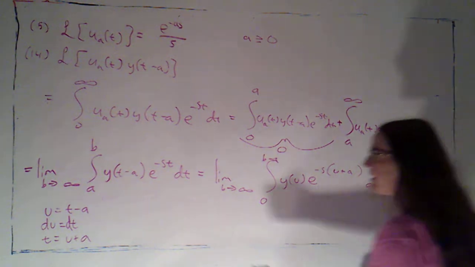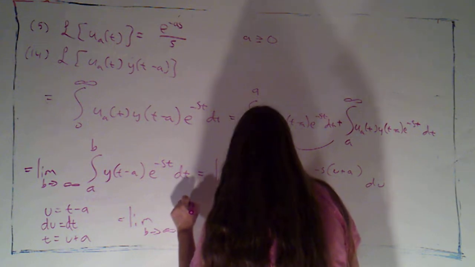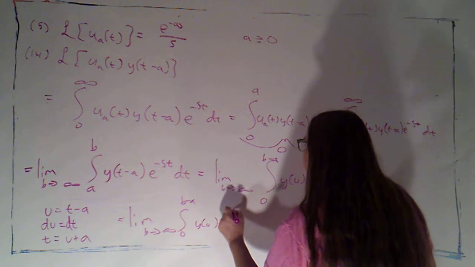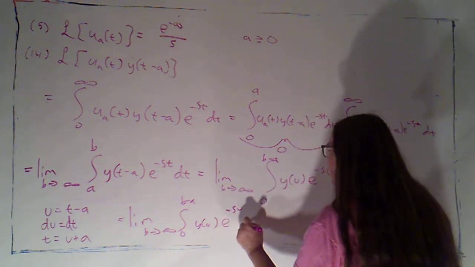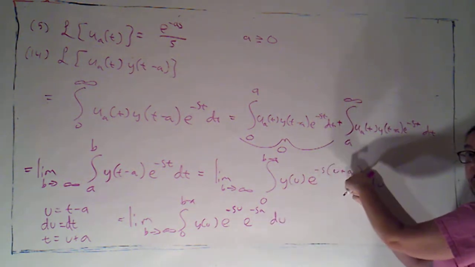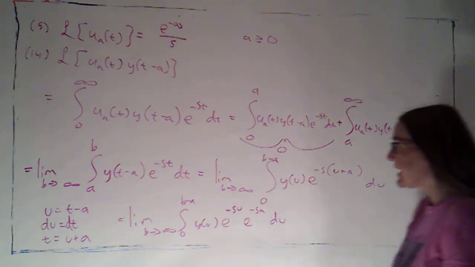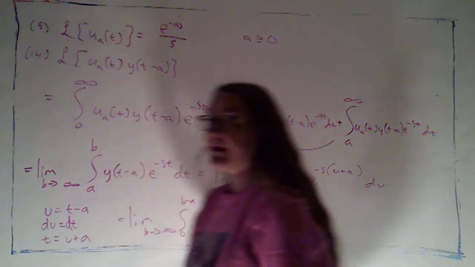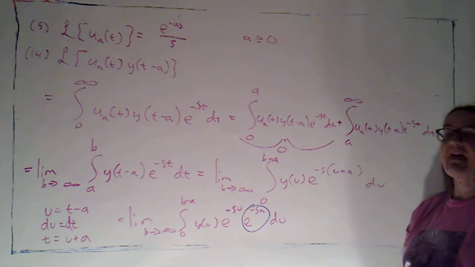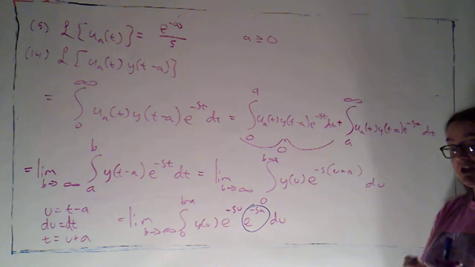Now, I'm going to just rewrite that exponential: limit as b goes to infinity, integral 0 to b minus a, y of u times e to the negative s times u times e to the negative s times a du, because I can distribute the negative s, and then when I'm adding exponents, that corresponds to multiplication. Now, what's lovely about that is there are no u's in that. So this is constant with respect to u.